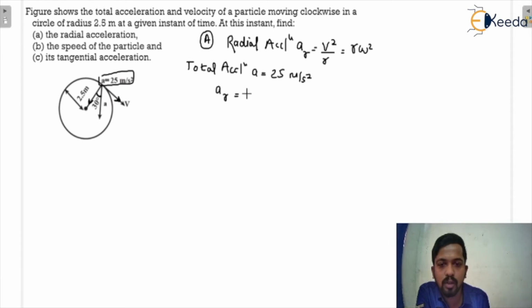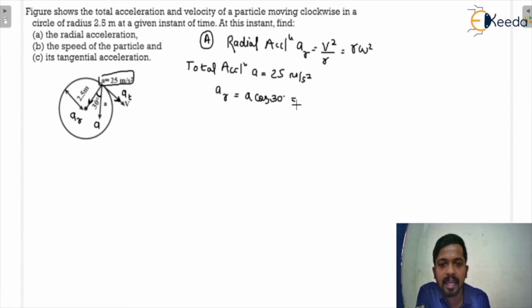Radial acceleration is equal to A cos theta, that means A cos 30. Are you getting my point? Because these two are perpendicular to each other, and A is the total acceleration, this is the radial acceleration, and in that direction there will be the tangential acceleration. So the radial acceleration is A cos theta, that is A cos 30.